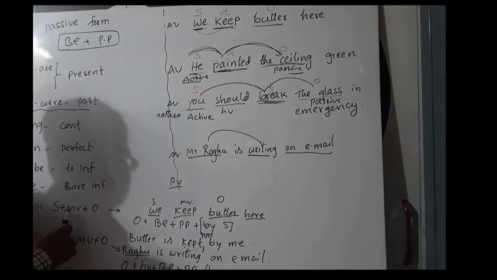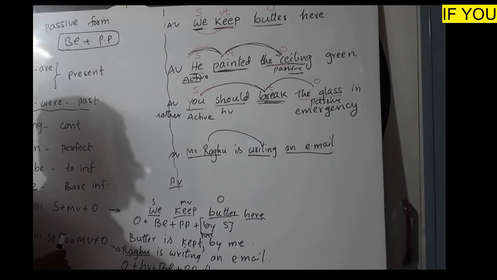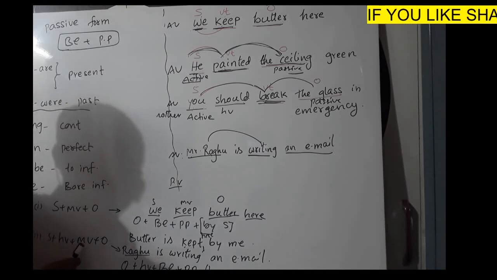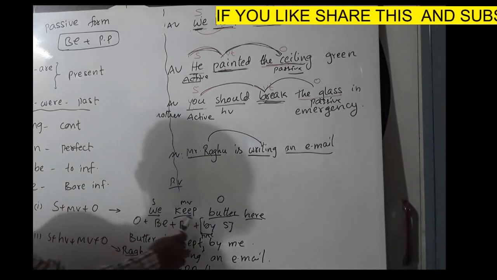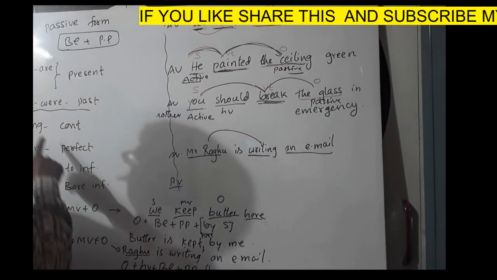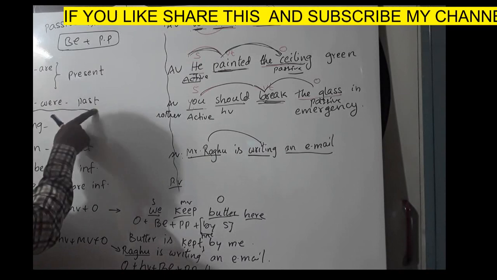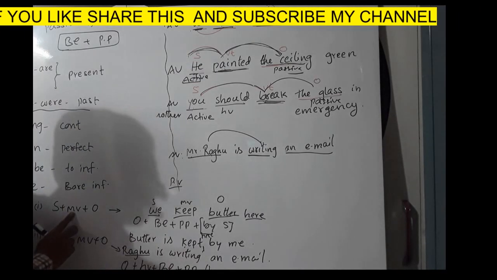One is with present and past, and another one is other tenses such as present continuous, past continuous, present perfect, future tenses and all, which can be written with the auxiliary. When it is present and past, you borrow be forms am, is, are, was, were according to the main verb in the active voice.